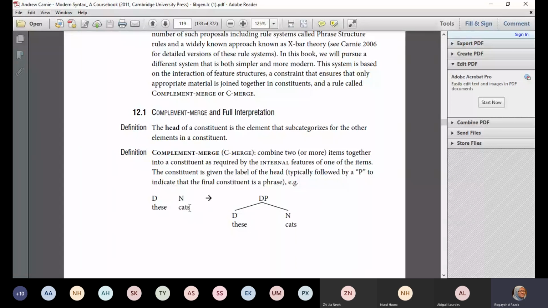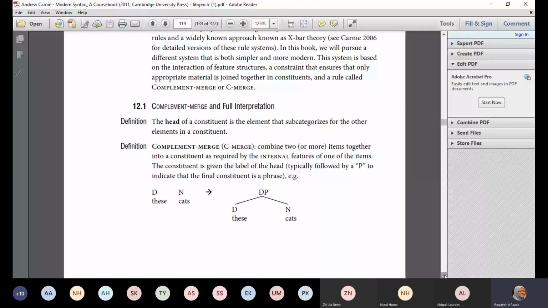And in this instance, Kani is saying that D is the head of the DP. D, determiner, is the head of the determiner phrase. Therefore, the subcategorization for determiner will require a certain kind of complement. So here, cats is a complement. D is the head. Cats is the complement.